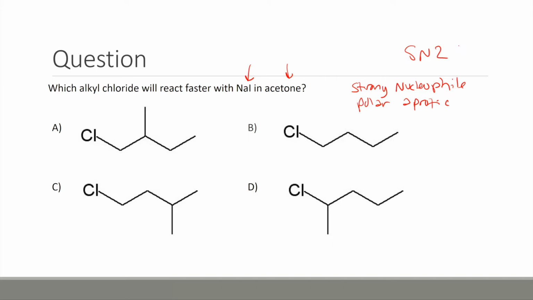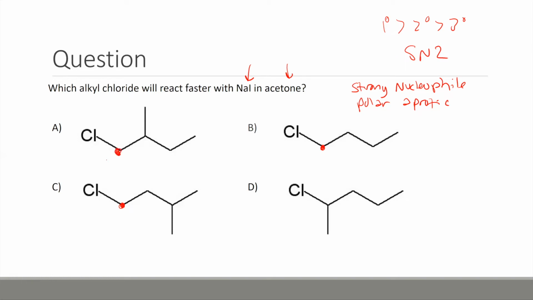We want one that is primary, right? And then it's going to decrease as you go to tertiary. So the best electrophile to have would be something primary. So here, if we look at our choices, we have a couple where the chlorine is bound to a carbon that is primary, which is this one or this one, A or C.